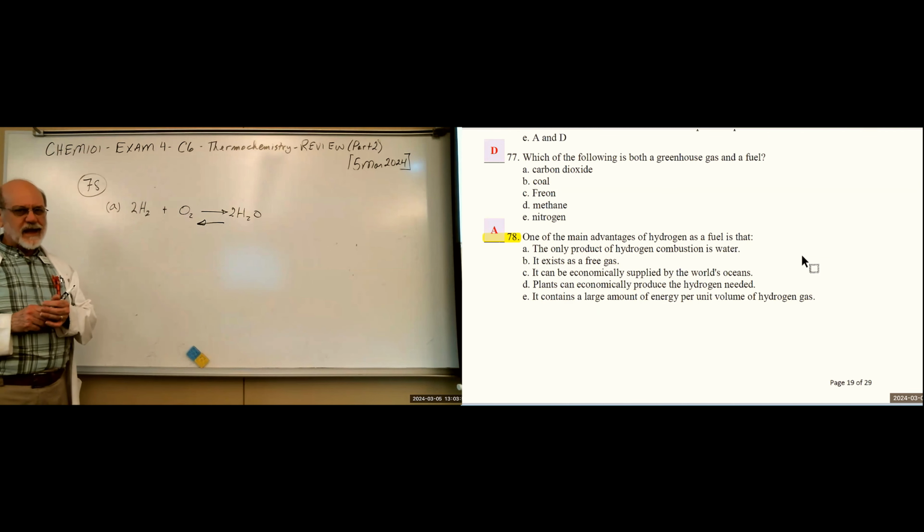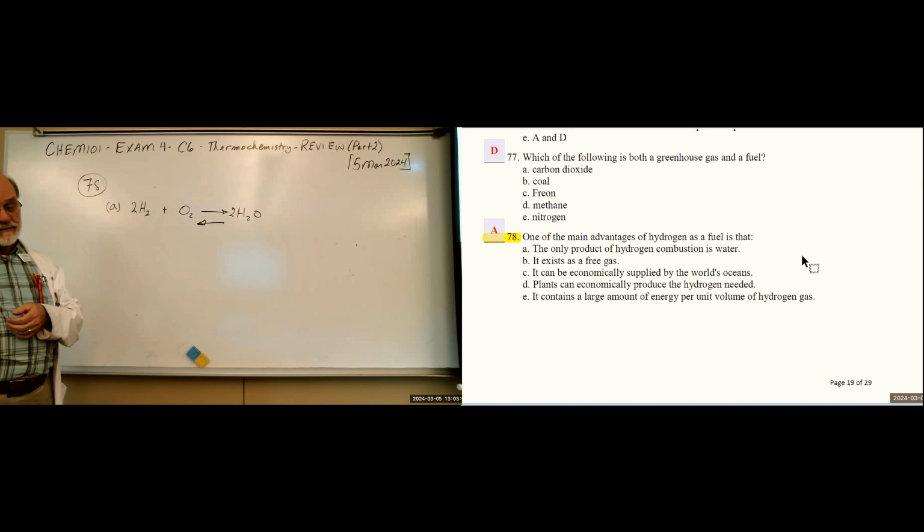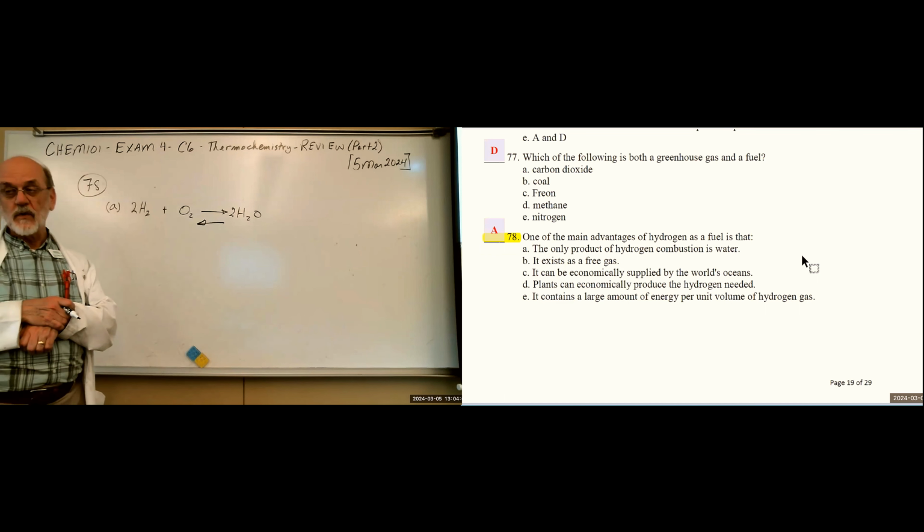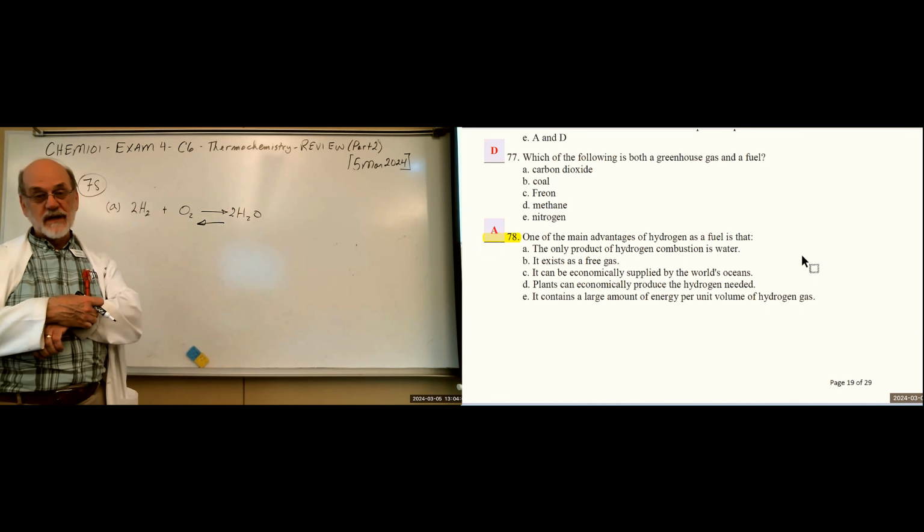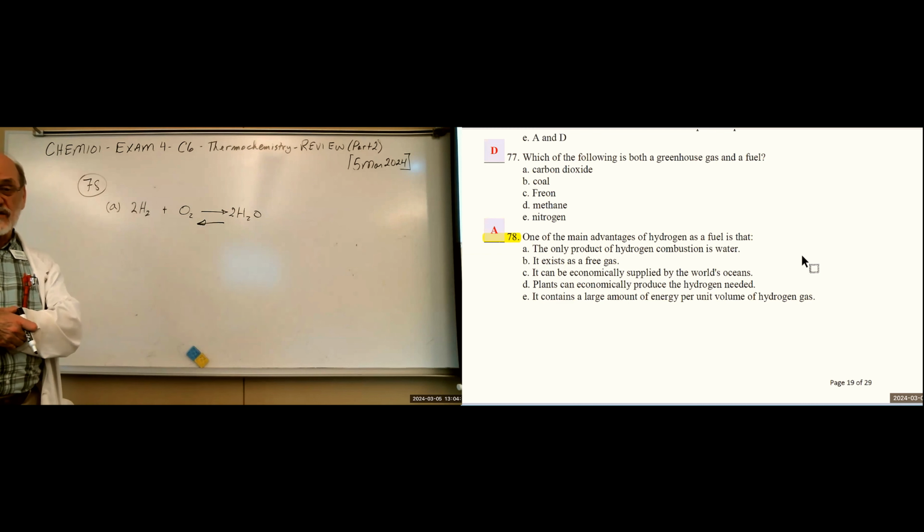It contains energy per unit volume, but they're not giving us enough information to compare it with other sources. Large amount of energy, I don't know. So we have to pick the best one. And the best one as far as advantages go is its product is water.